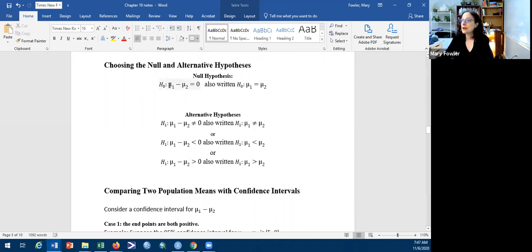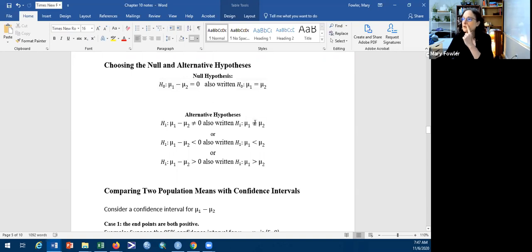So if I'm interested to know whether mu1 is equal to mu2, we could also write the null hypothesis as mu1 minus mu2 equals 0. Either of the null hypotheses, mu1 equals mu2 or mu1 minus mu2 equals 0, are equivalent.